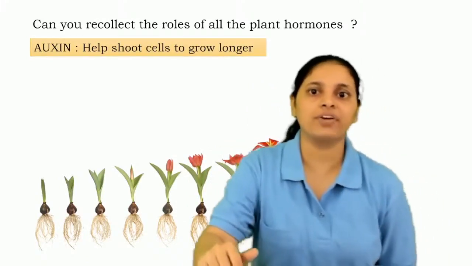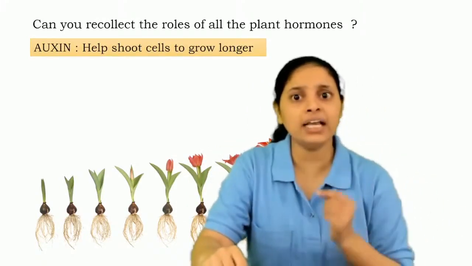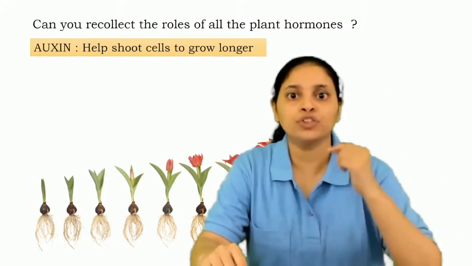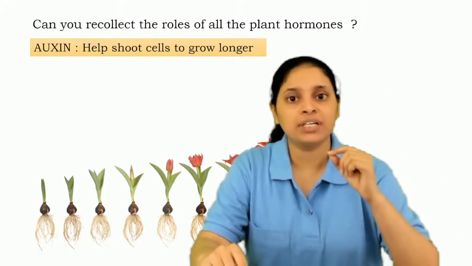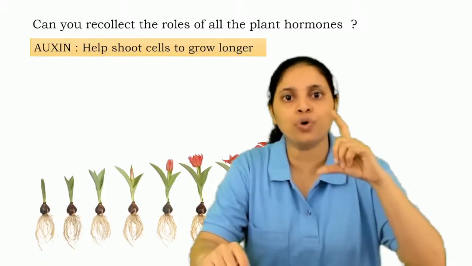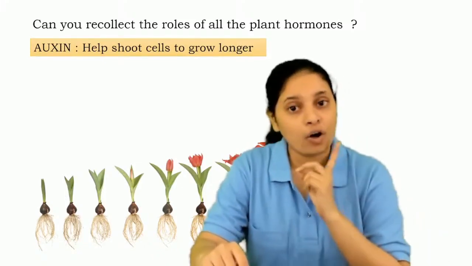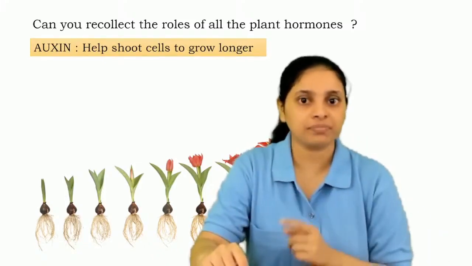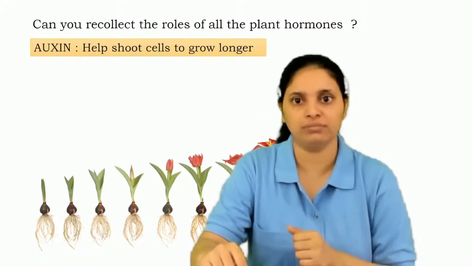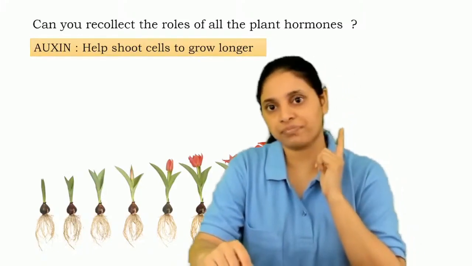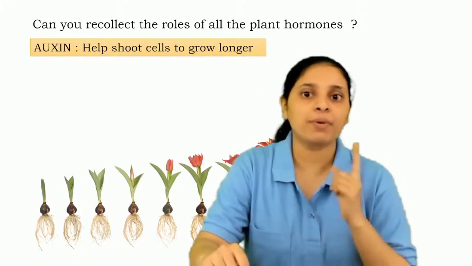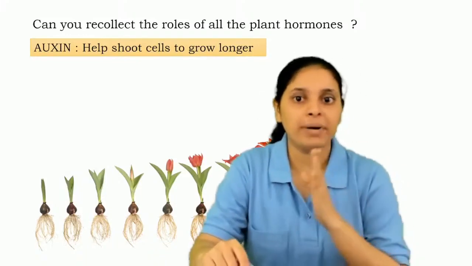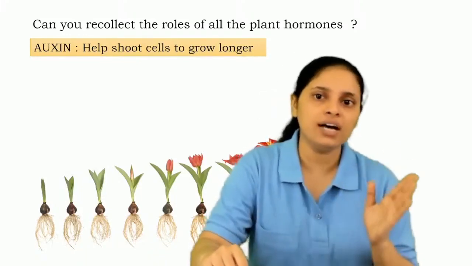First, number 1, we have auxin. It helps in growth of shoot and it helps the cells of the shoot to grow longer. Also, auxin promotes root formation. Auxin will promote phototropism, bending of the shoot towards the light source.